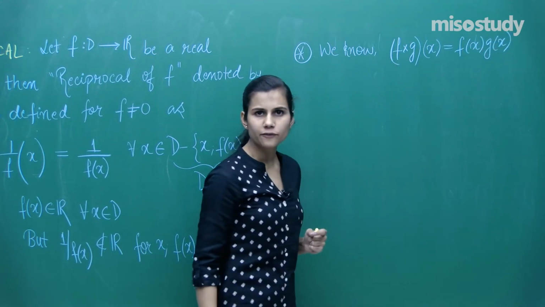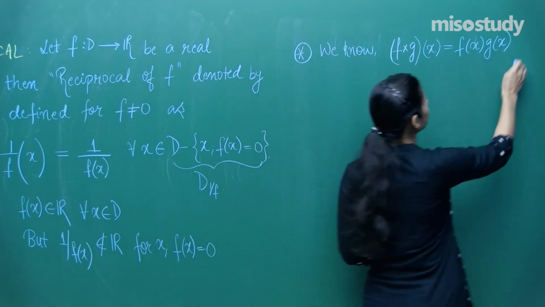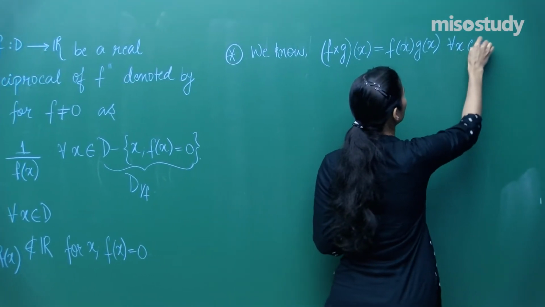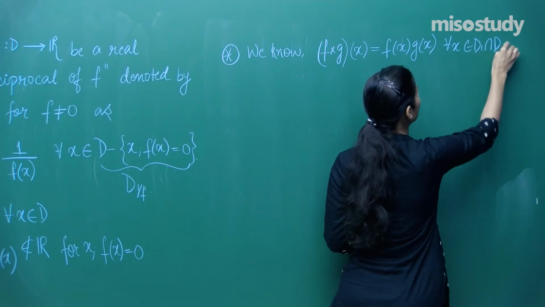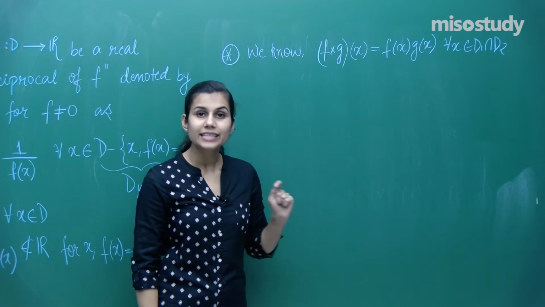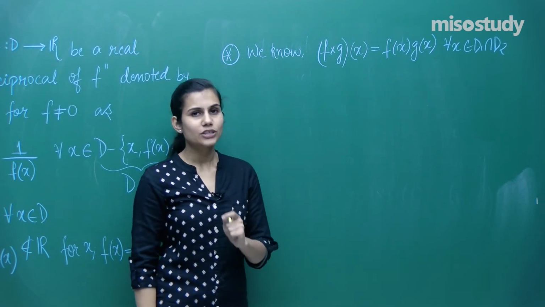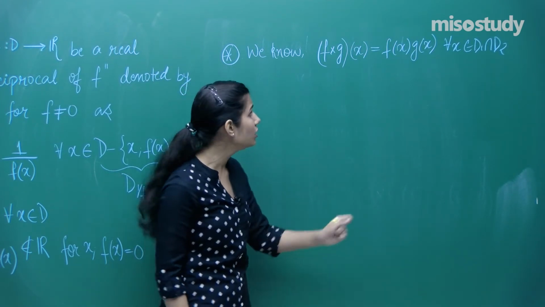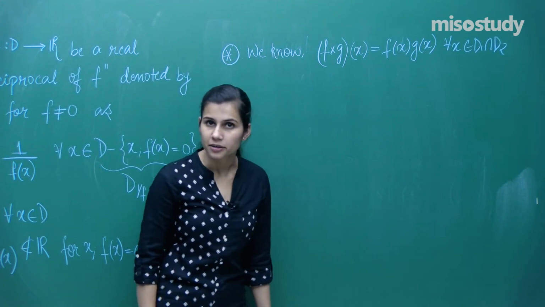And you know x should come from where? This x should come from the domain of f as well as the domain of g, say d1 and d2. And therefore x should come from d1 intersection d2 for f into g of x to be real.